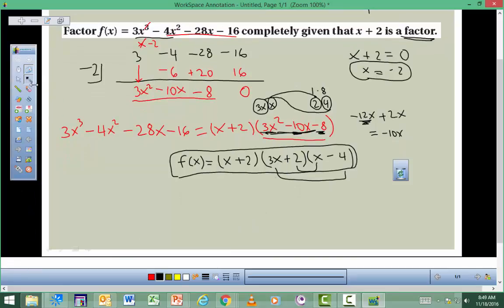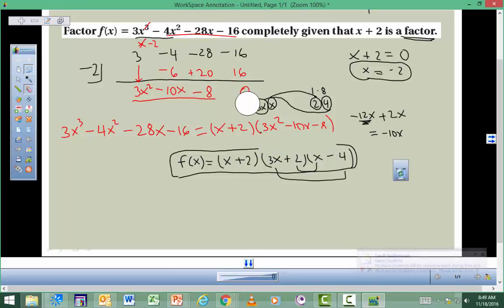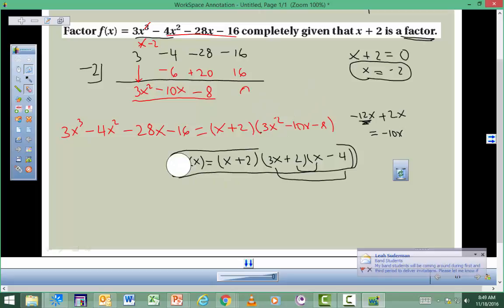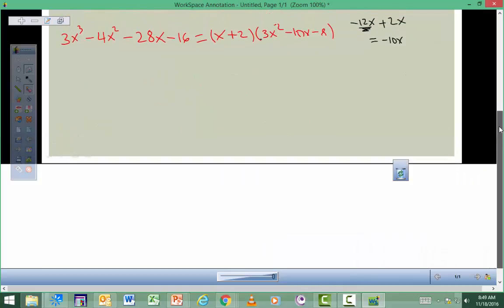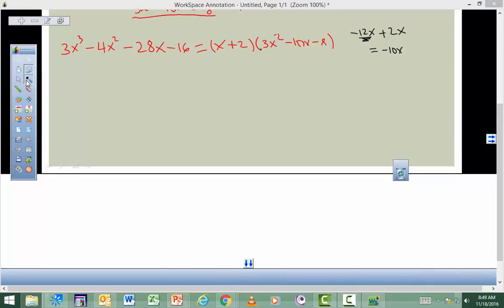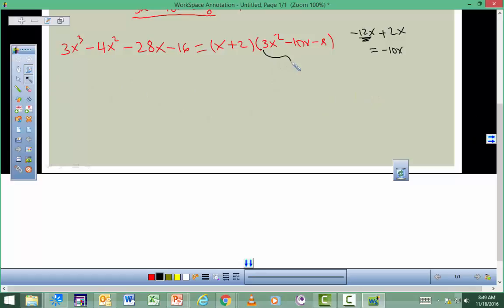Okay, so let me just show you how we would have done it if we were doing the AC method. If we were doing the AC method up here, we wouldn't have used the guess and check method. We would have done a few other steps instead. Okay, so the AC method, just to review that, you would have started out by multiplying those two together, and you would have had negative 24.